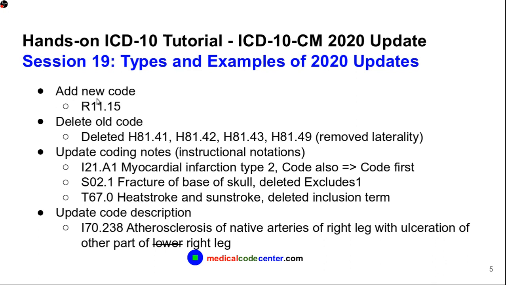First, add new code. For example, R11.15 is a new code, which means the code does not exist in the 2019 version, but it's a new code for the 2020 edition. I will show you.